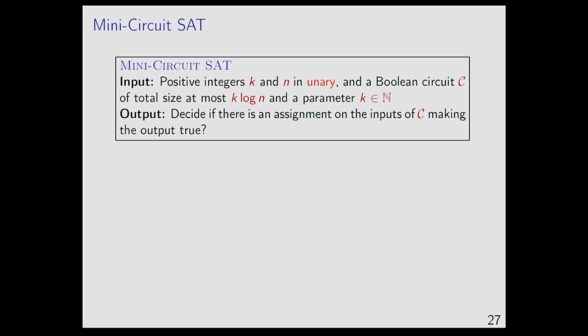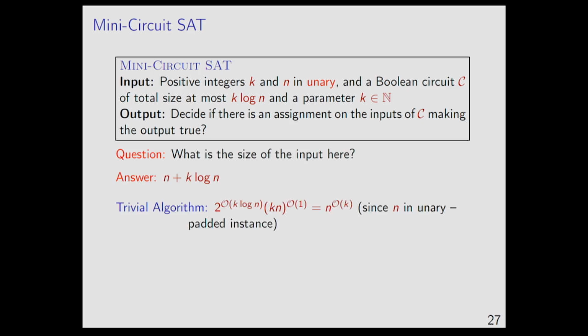Why mini? Because the circuit is not too big. You have made the input big just by adding these bogus ones by padding. And that is important, as you see now. So what is the size of the input here? The size of the input is actually n plus k log n, right? The n that I have written in unary, and the size of the circuit. So what is the trivial algorithm? 2 to the power k log n, times n to the power big O of 1.